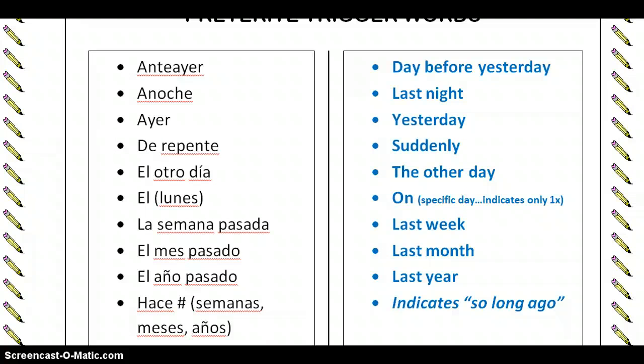So the very basic differences between the imperfect and the preterite: the imperfect sets the scene, and the preterite is the actions that occurred within the story. Setting the scene is the imperfect, and the preterite are the completed actions of the story. And that is going to be what we focus on for this unit.